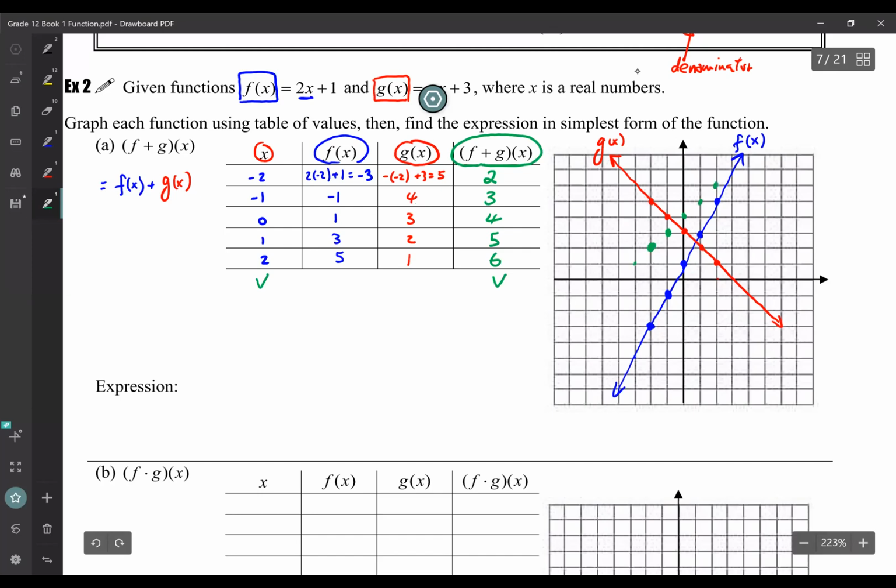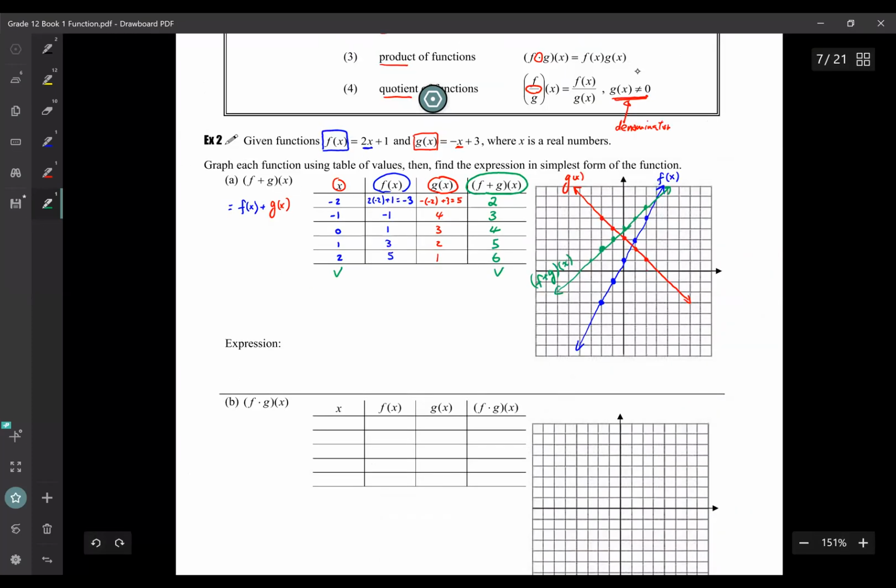So the line goes this way. Okay, so you can label this as f plus g of x.